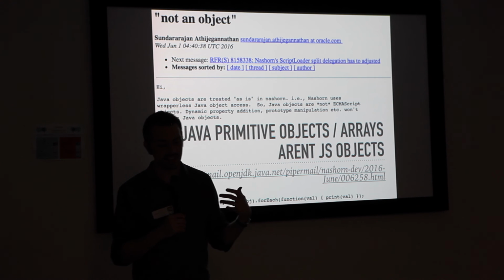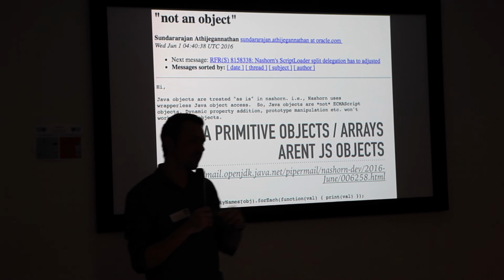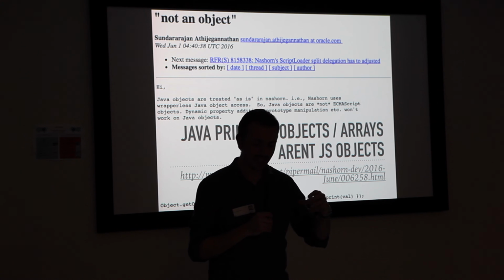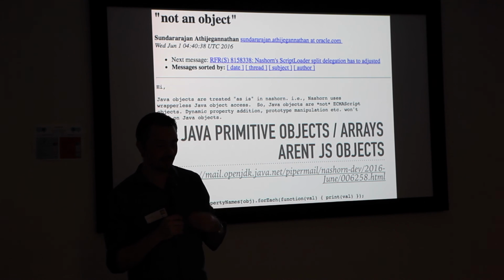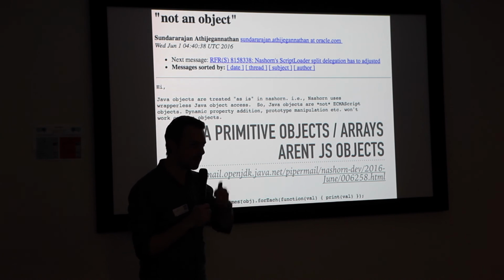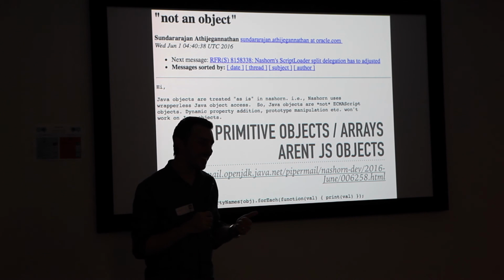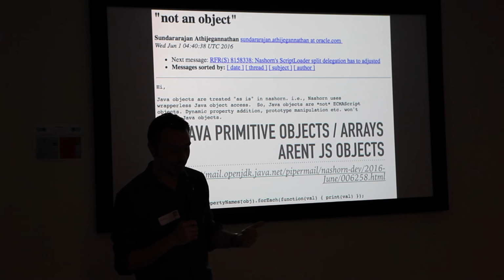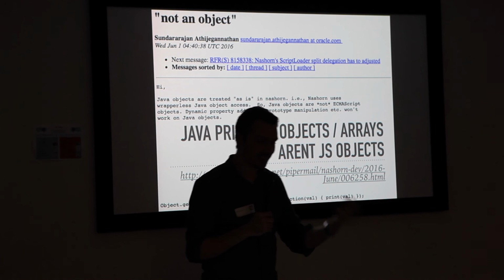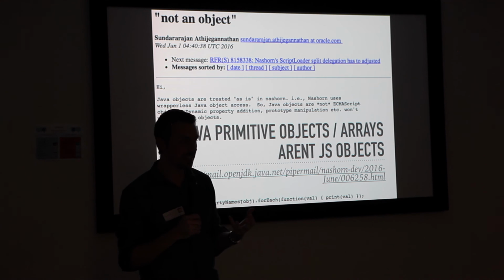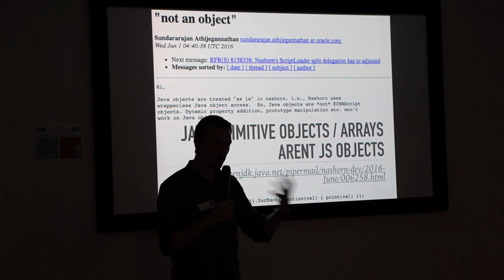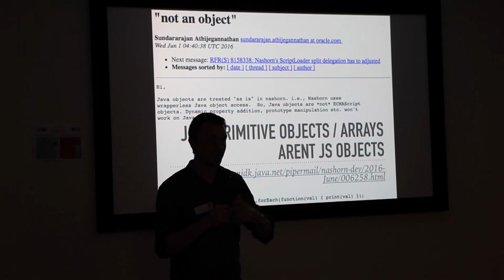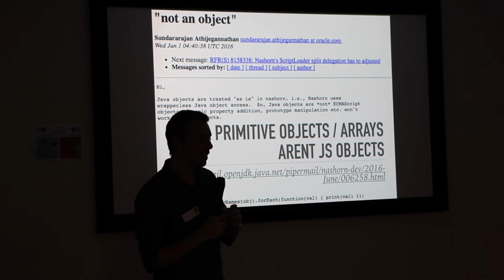What turns out is that Nashorn's added a few nice little things to deal with these, one of them being the forEach, but that's basically about it. So to a lot of my colleagues who aren't primarily Java developers, they get this object back and they're just expecting it to be an int, especially if they're a Ruby developer as well. They're expecting every object to have methods on it.